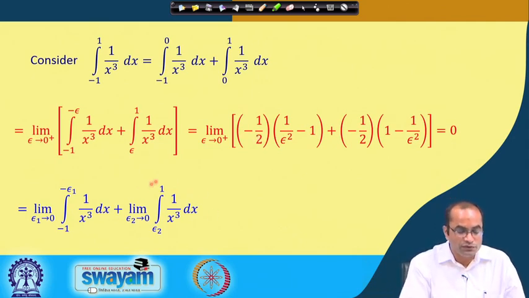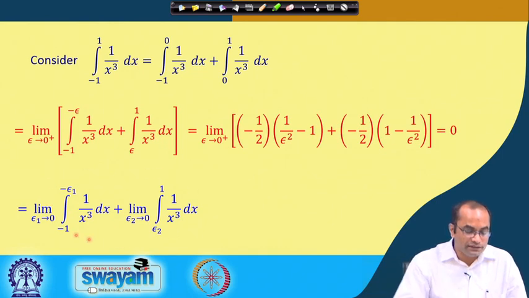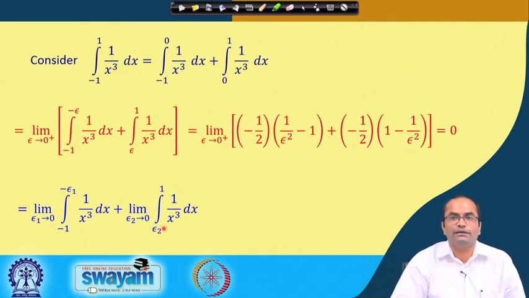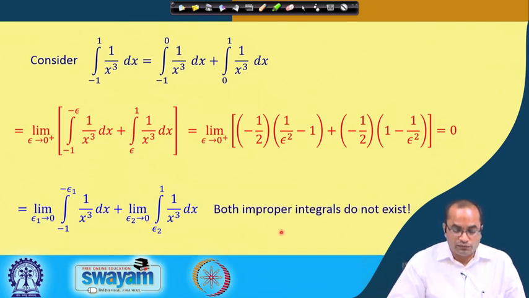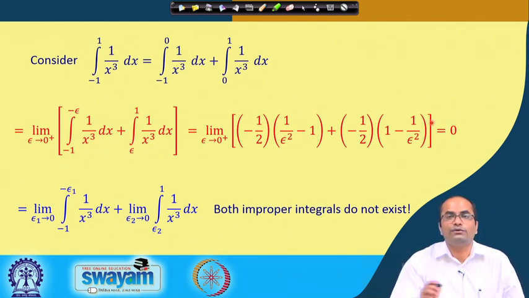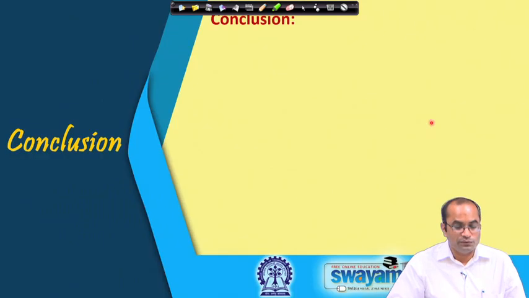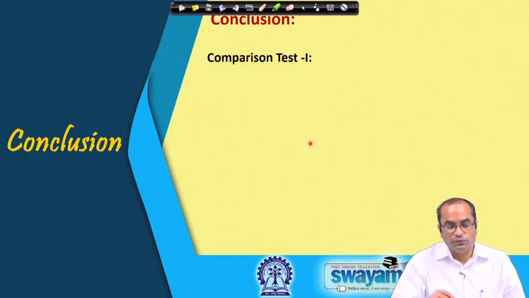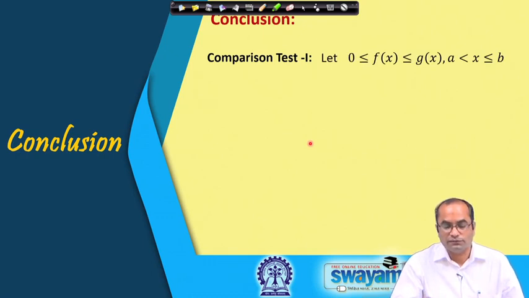Similarly, this is also not a convergent integral, it also diverges, and that is the reason we cannot evaluate this here, because both the integrals appearing here diverge and do not exist. But if we make this mistake by taking the same epsilon at both places, then the value comes out to be 0.